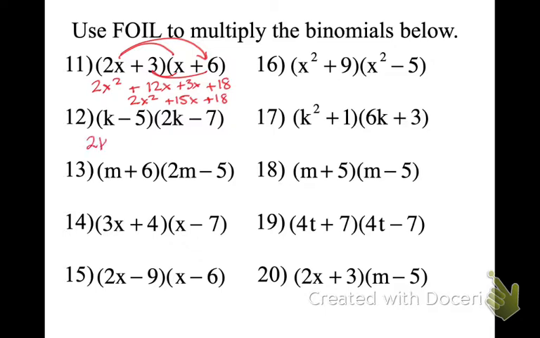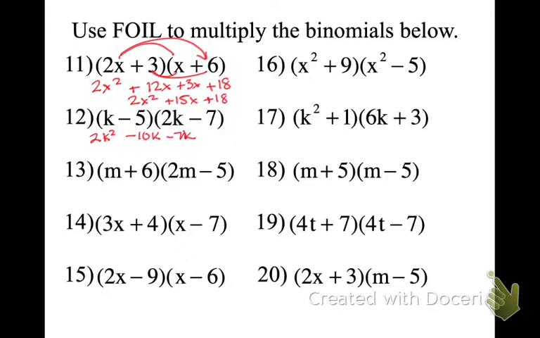I get 2k squared, 2k squared minus 10k outside, minus 7k, right?